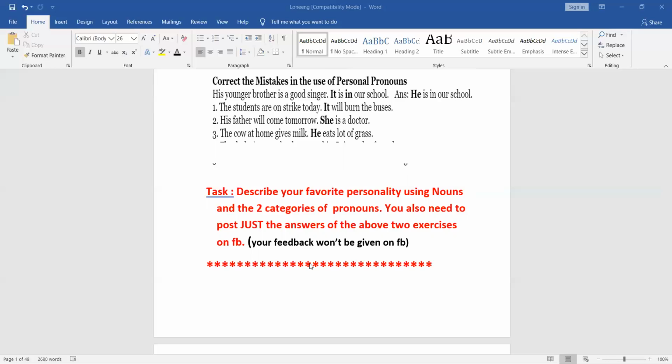So if you had listened carefully to what I had said, I spoke about a person. Then, when I started replacing the person, I said he, I said his, depending on the sentence. Just like that, you can also talk about your favorite personality. If you are having any challenges framing sentences or talking about your personality, please send a message so that we can help you.